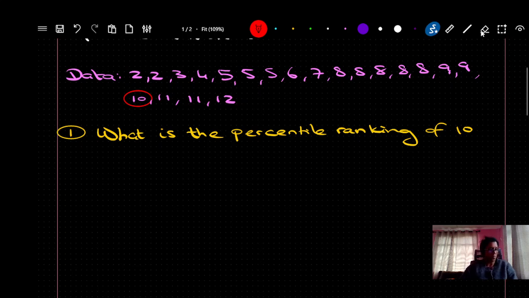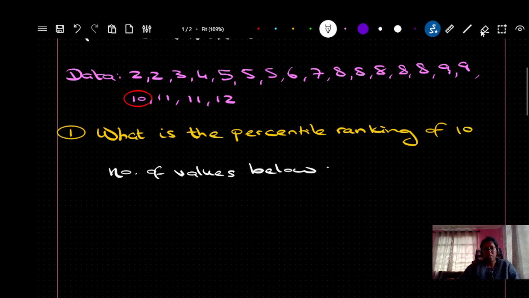Normally the formula we use is the number of values below x, where x is our number 10, divided by the number of values n, times 100 to get the percentage.